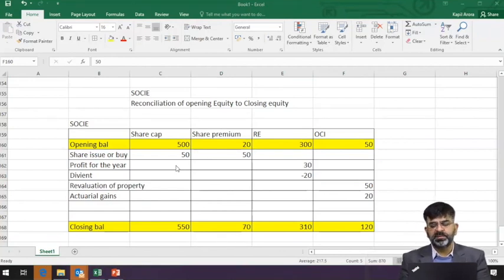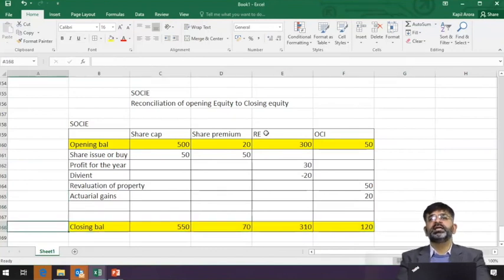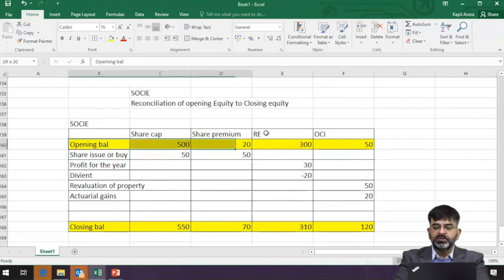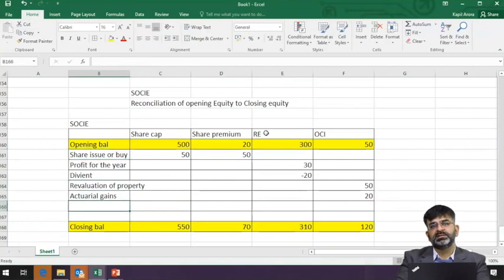Right? We need to have the separate column for each head. Yes. So how we have arrived from the opening balance, from this number, to the closing balance, which is this number. That is what we see in the statement of changes in equity, which shows how my promoters' value has gone. So this equity actually belongs to the promoters. So how my shareholders' value has gone from the opening balance, which is the total of all the opening balances, to the total of all the closing balances.